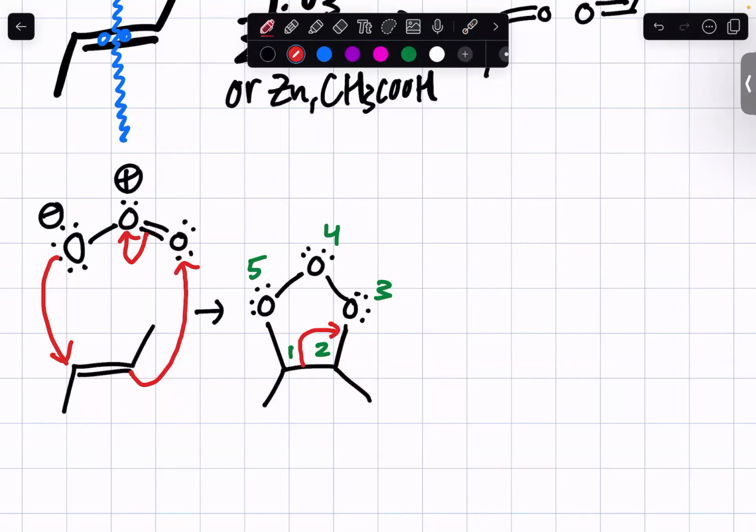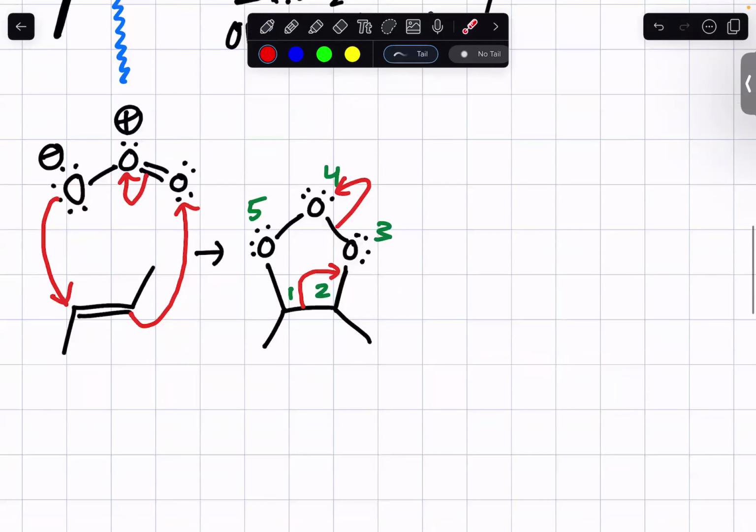Then this bond between 3 and 4 is going to move to this oxygen right here, where these two electrons of that bond are going to move as a lone pair and give that oxygen another set of lone pairs. And from here, one of the lone pairs of the atom 5 is going to move right there. Right. So everything after those three arrows would look something like this.